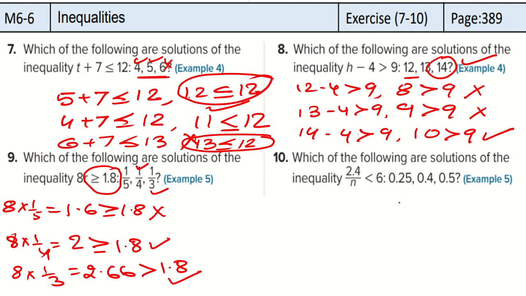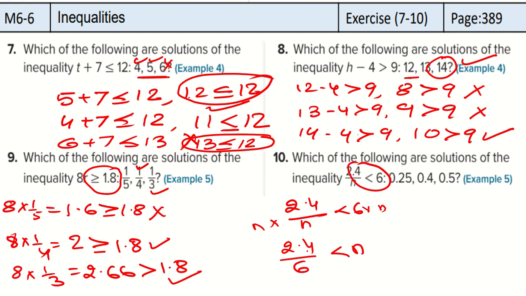Okay. Now, for this you see what you can do here. You can take the direct substitution or you can do by the general method also. So, 2.4 over n is less than 6. So, what you can do? Multiply n both sides and divide by 6 both sides. So, it will be 2.4 over 6 less than n, and 2.4 over 6 means 0.4 is less than n.